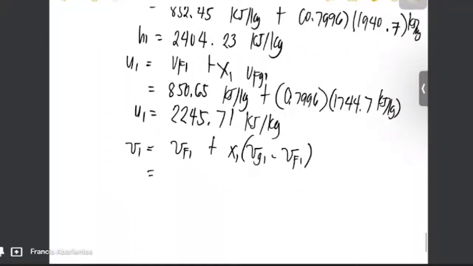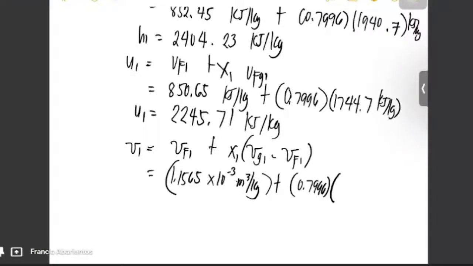Specific volume at 0.1, we have this. Excuse me, class. 1.1565 times 10 to the negative 3 cubic meter per kilogram mass plus the quality. Okay, minus natin yung VG kasi wala namang direct pa. 0.2736 minus 1.1565.